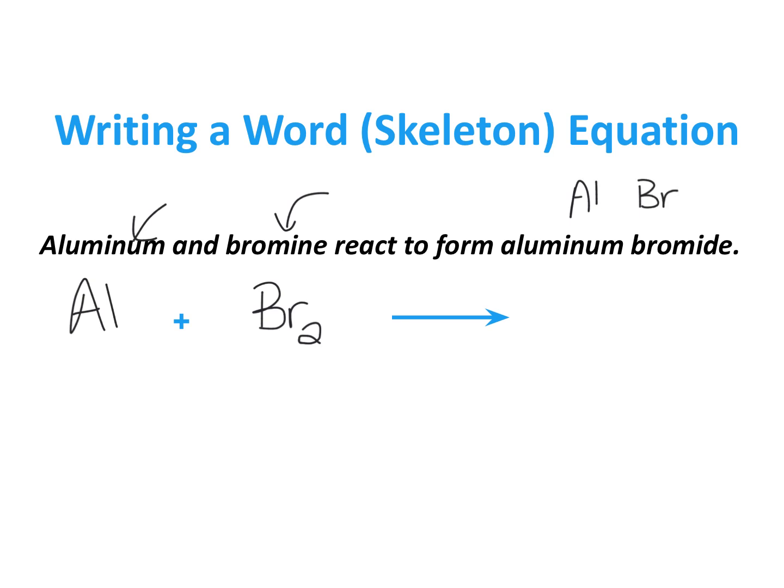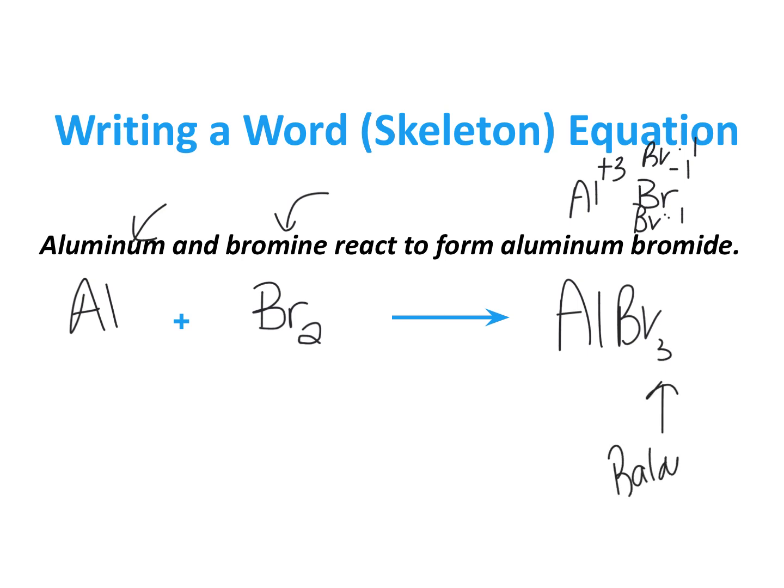Al is a metal, so this is an ionic compound. I have to balance out the charges. Bromine has a -1. Aluminum has a +3. So I have to add 2 more bromines to get AlBr3. Remember that this subscript balances the charges.